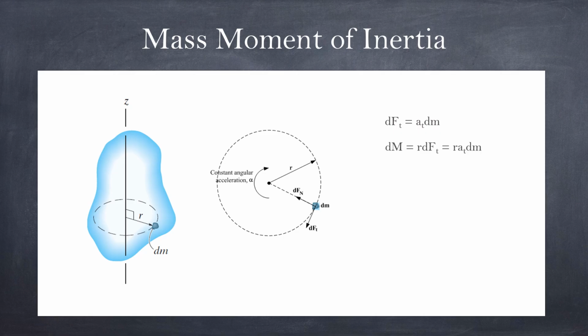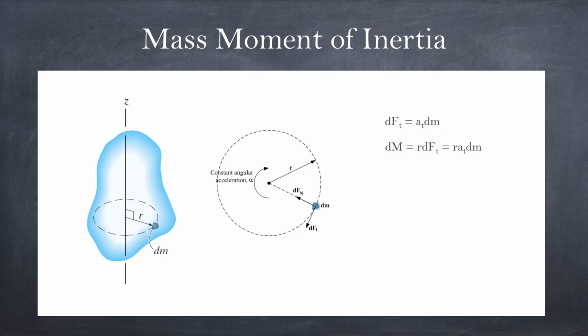So that's the equation, and we know that the moment caused by the small dFt is the small dFt times the arm length, in this case the radius. So the moment acting on this body would equal the radius times the force dFt, and we already have the solution for dFt, so we expand it into the equation.